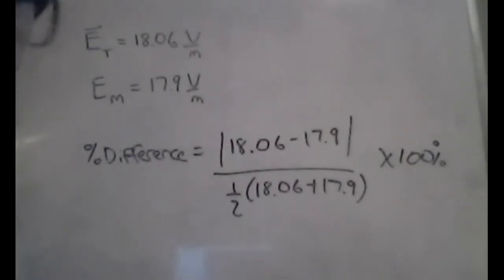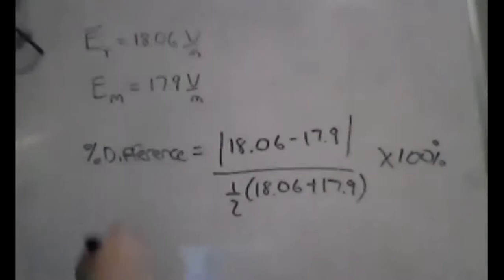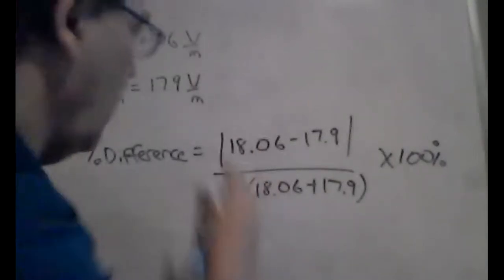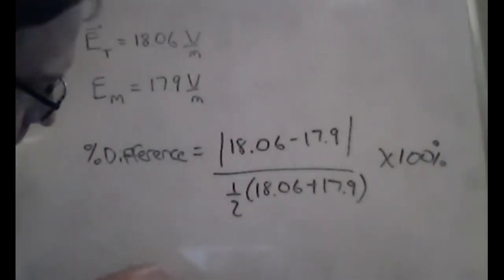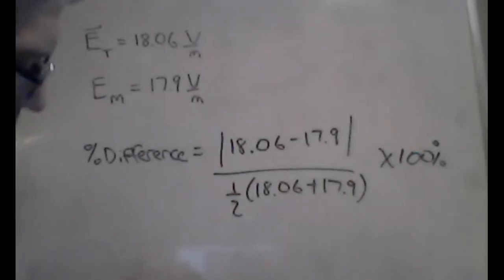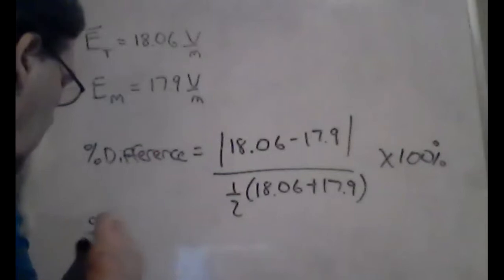Oh, times 100%. Yeah, 0.88, about 0.89%, roughly. You don't want too many digits, because all these numbers will end up around each other. So 0.89 is good enough.